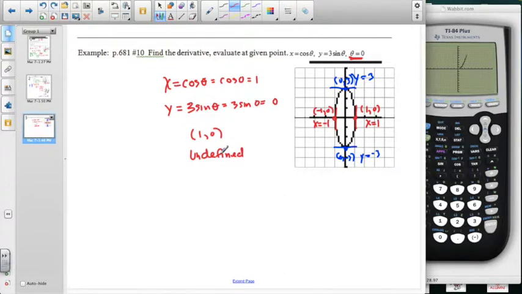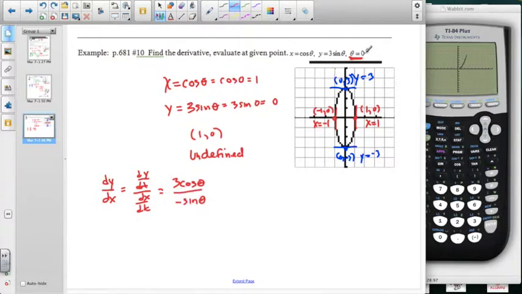From an algebraic standpoint, if we take a look at the Cartesian derivative here and write it in parametric form, when we're talking about evaluate the derivative at theta equals 0, well, the derivative dy dt is going to be 3 cosine theta, and dx dt is going to be minus sine theta.